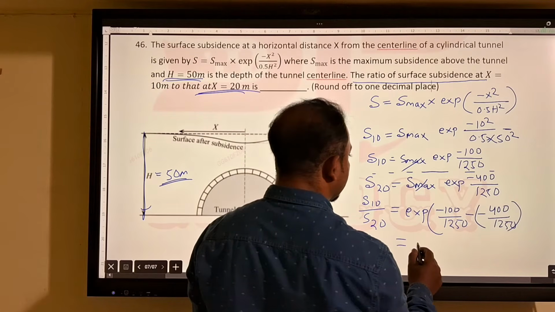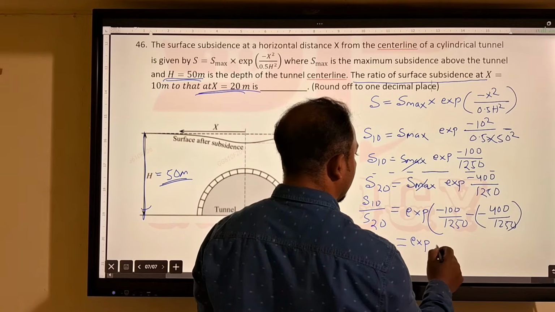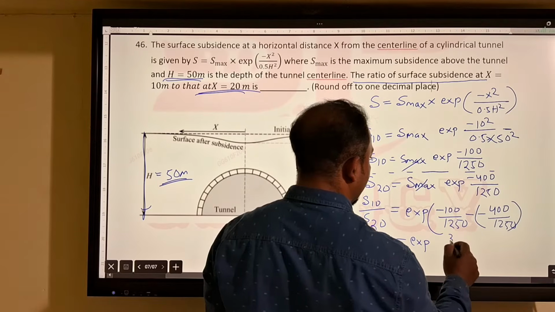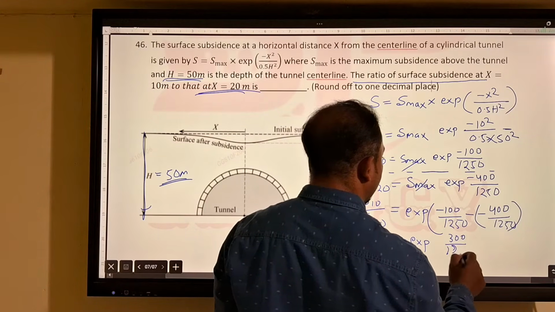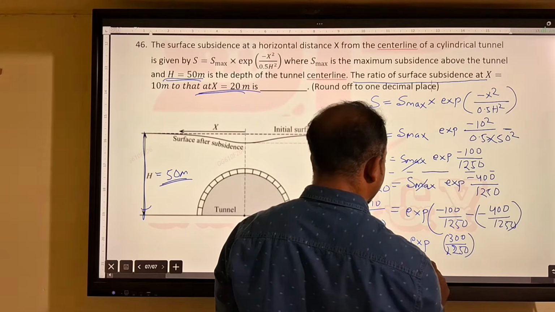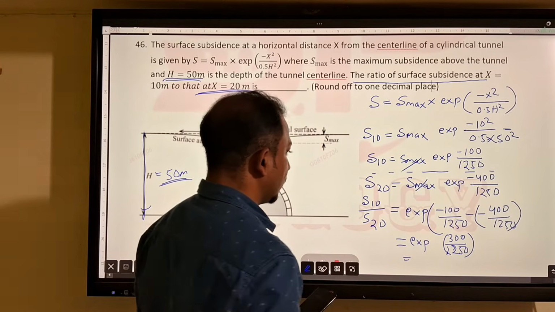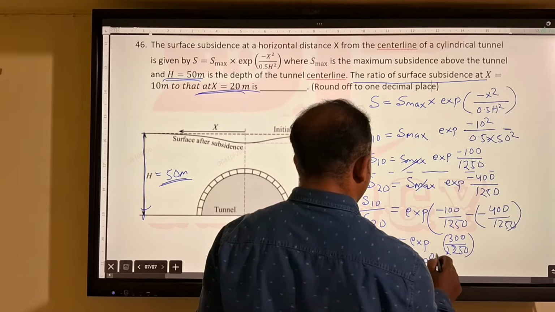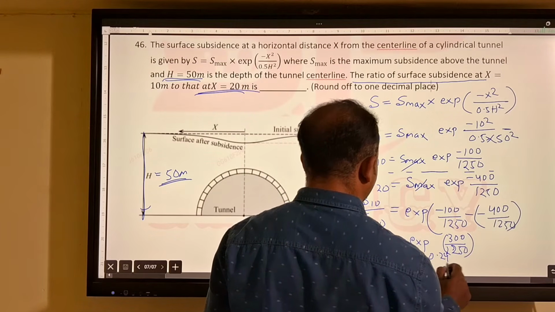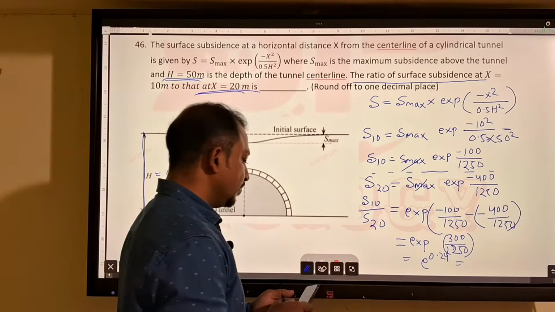So it will be exponential of 300 divided by 1250. You can write down e to the power 0.24.